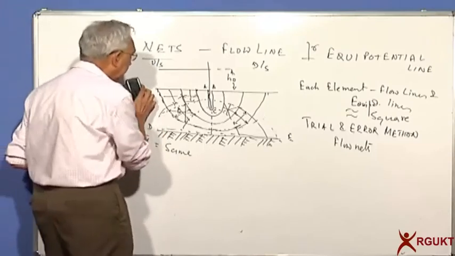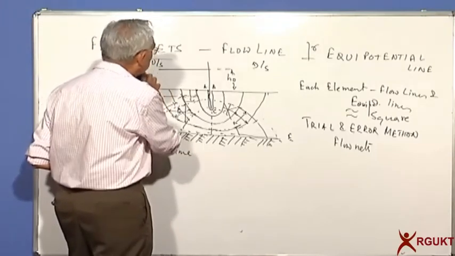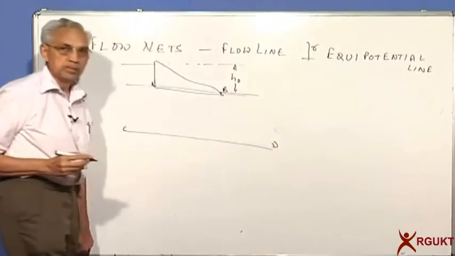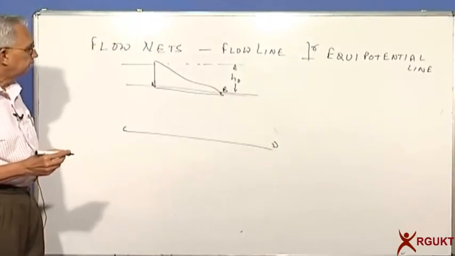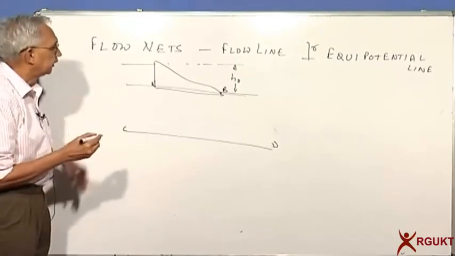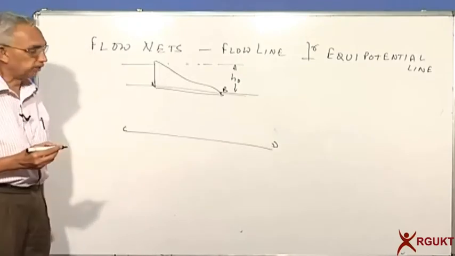I'll show you another flow net for the barrage or the weir. So here is the barrage which you have constructed on a pervious stratum, and you want to store water over a height h0.